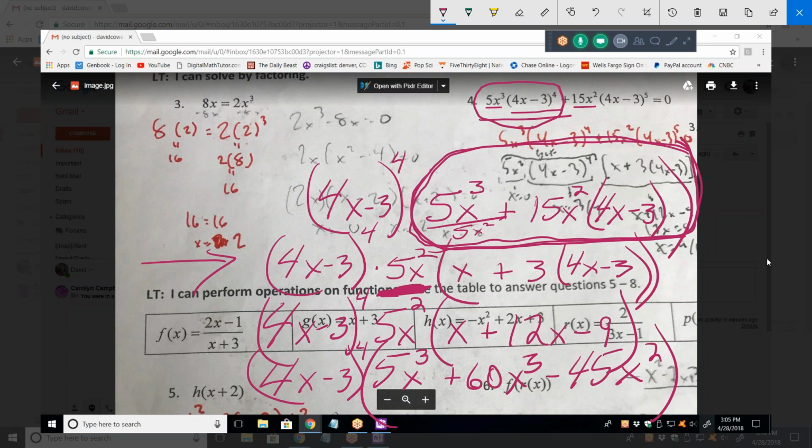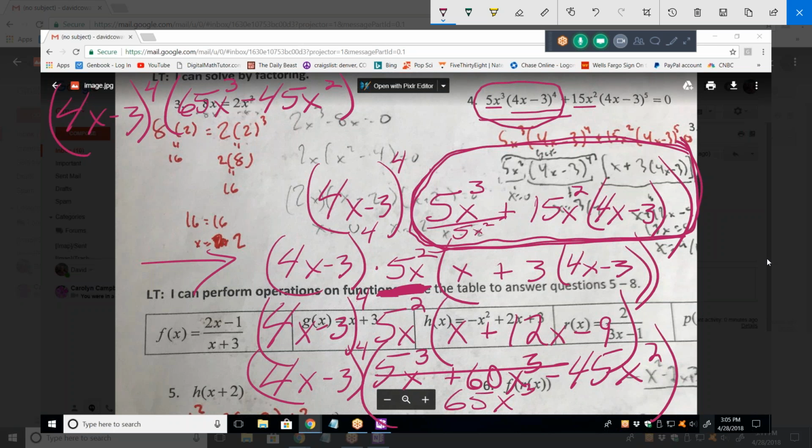And then obviously I can combine the x cubes, so that's 65x cubed, and that's a pretty good answer. In other words, here's my answer. I don't really need to take it further than this. I'm going to write it over here in the upper left. 4x minus 3 to the fourth times 65x cubed minus 45x squared. Okay. I think that is your final answer.